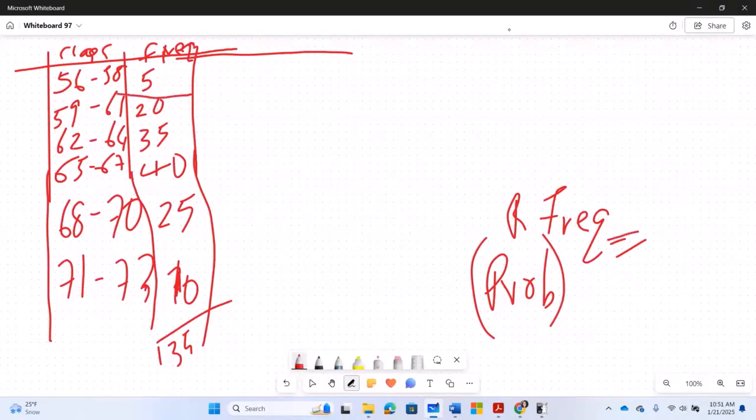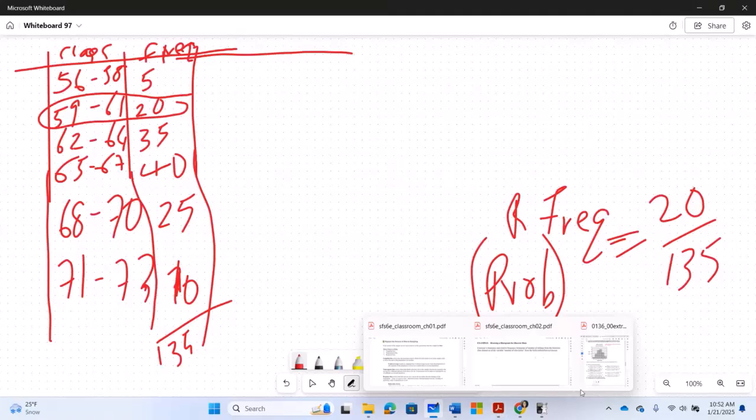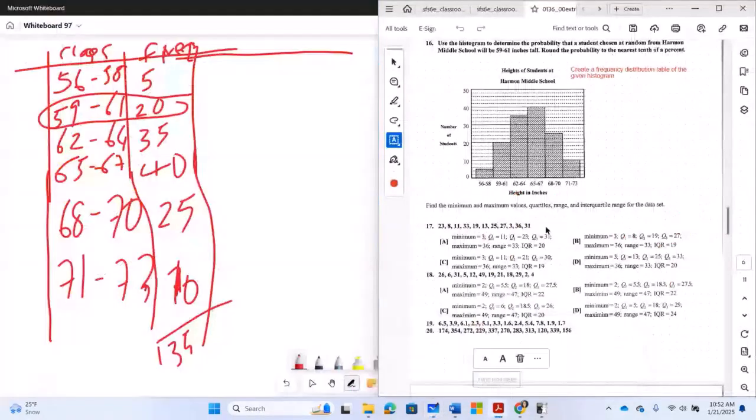We are only interested in the relative frequency of the second class, so it is 20 over 135. And we are told to leave the answer in percent, because it says round your probability to the nearest tenth of a percent.